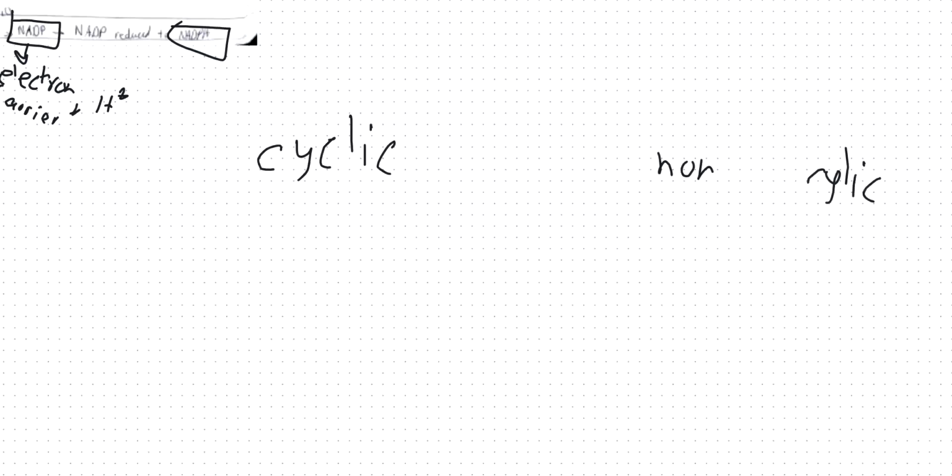In cyclic photophosphorylation, electrons are recycled, and in non-cyclic, electrons are also recycled by electron carriers. Basically, as I explained, primary pigments make the electrons energized, then they become de-energized in making ATP. The de-energized electrons go back to the primary pigments and get energized again. All of this cycle happens in both cyclic and non-cyclic.